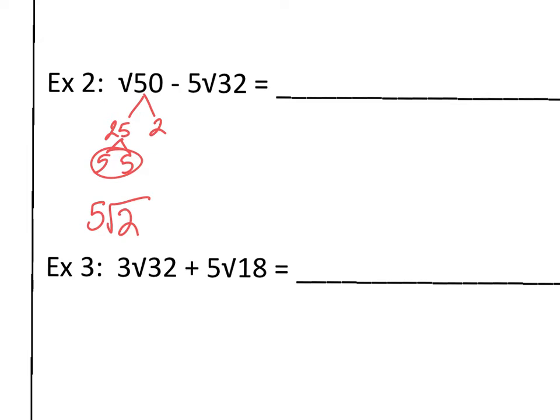What operation am I doing? Subtraction. So I'm going to put a minus sign here. Okay, so the next one, 8 and 4, that works. 8 breaks down to, and 4 breaks down to.